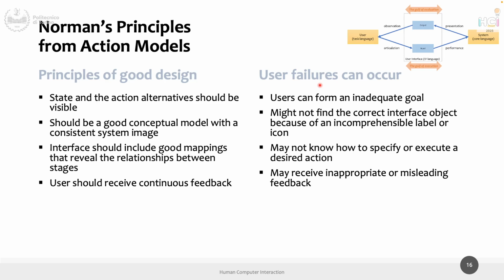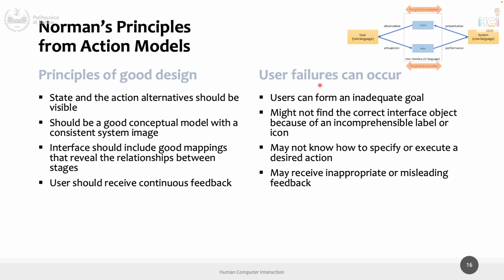From Norman's theory, Norman also made some principles explicit. So we can start to see some principles. State and the action alternatives should be visible. So the state of the system, which are the actions you can do, should be visible. There should be a good conceptual model with a consistent system image.